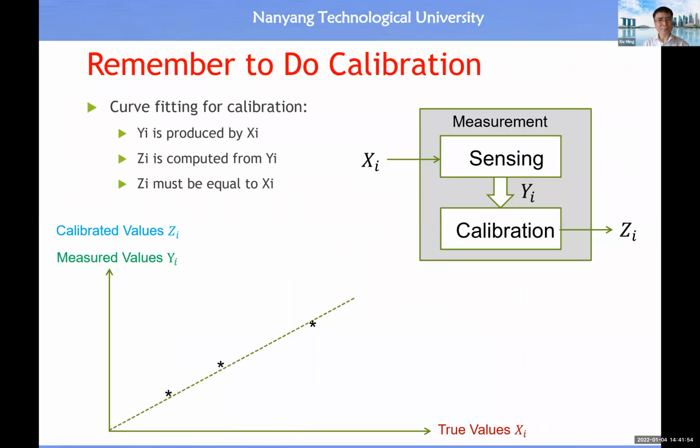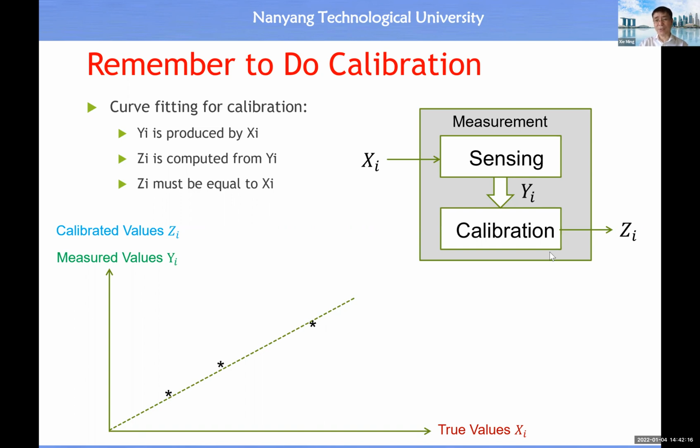All right. So as usual, once you know how to transform acceleration into a readable value, you must always remember to do calibration. All right. So the previous discussion basically talked about the transformation from acceleration into a readable value, yi.